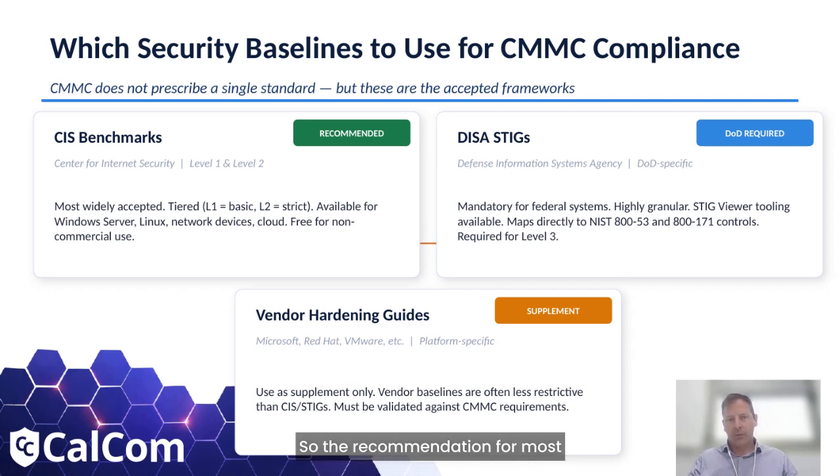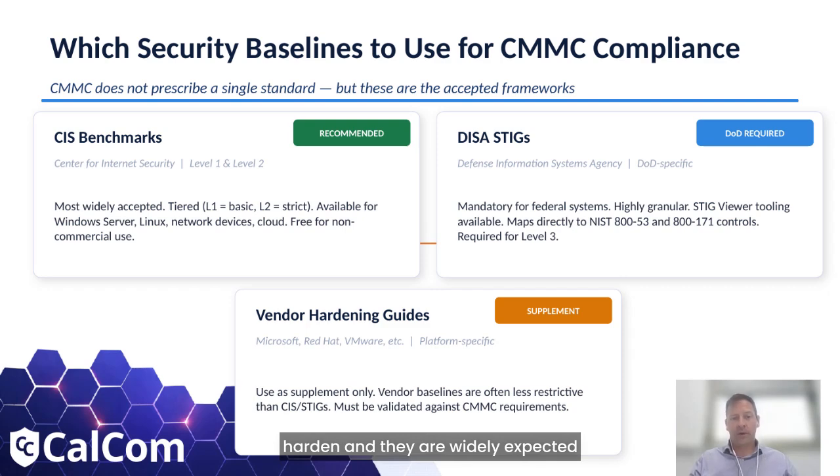The recommendation for most contractors, because you are not part of the DoD, you are still a contractor, is to use CIS benchmarks. If you're not familiar with them, CIS benchmarks are a set of PDFs based on the type of system, device, or server that we need to harden.